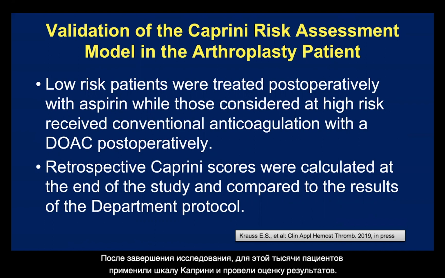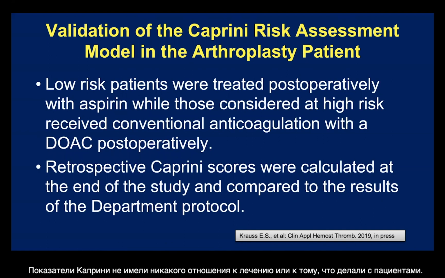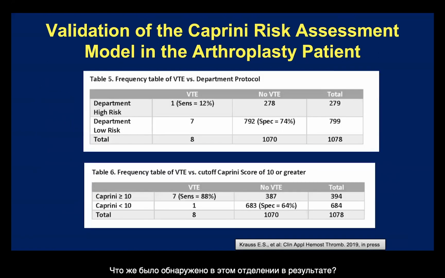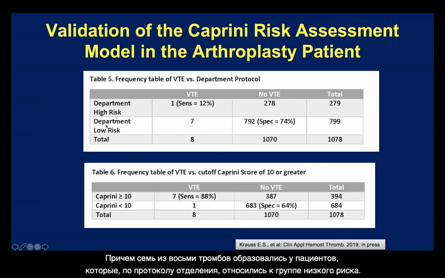Now, after the study was done, they went back and looked at Caprini scores in all of those 1,000 patients. The Caprini scores had nothing to do with treatment or what was done to the patients. This was done after they completed their study. And what did they find? The department had 8 clots in these 1,000 patients. And 7 of the 8 clots occurred in patients who the department protocol dictated were at low risk.